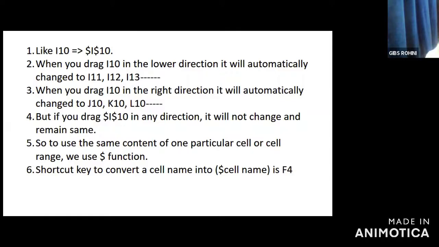So this is another thing we have to take care of. Otherwise, when we drag a VLOOKUP function, it will modify in each and every cell, and automatically the result will change. So that is why it is to be maintained.